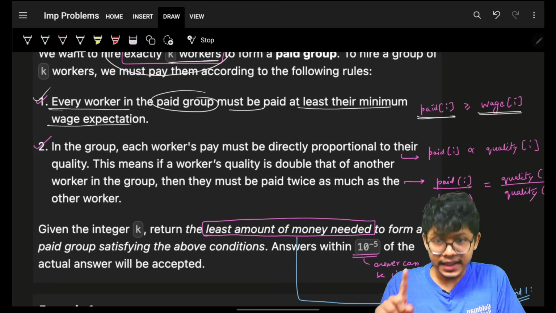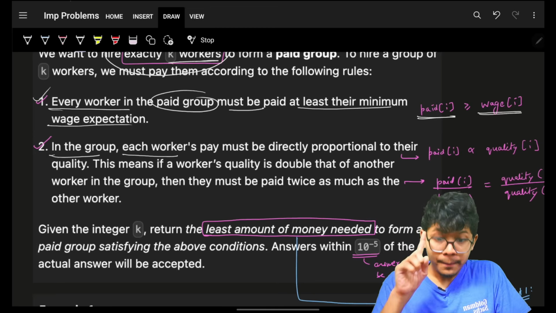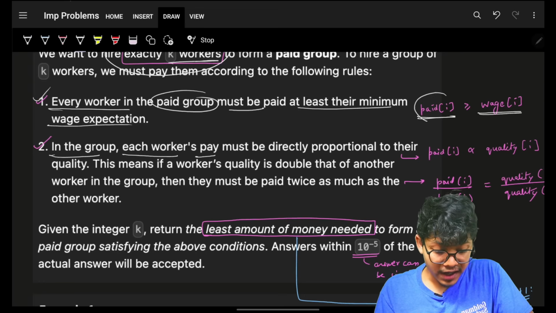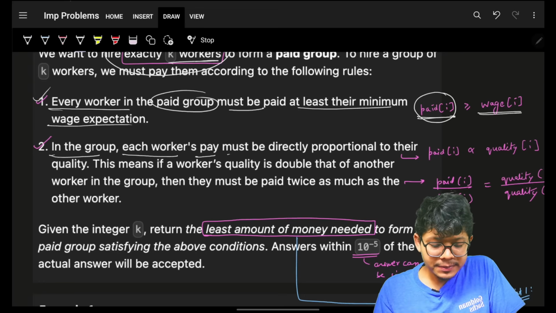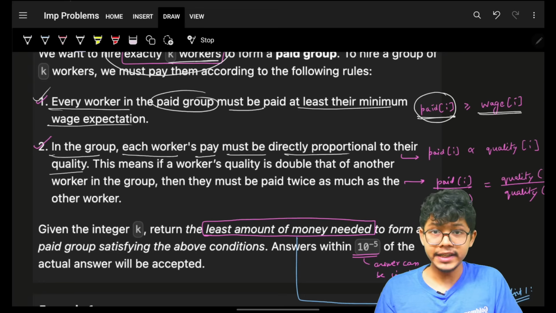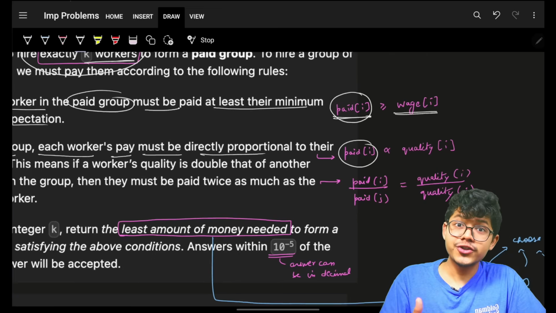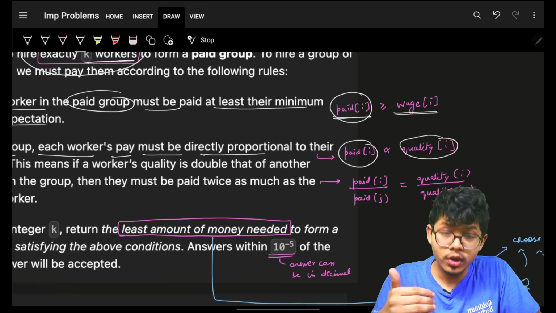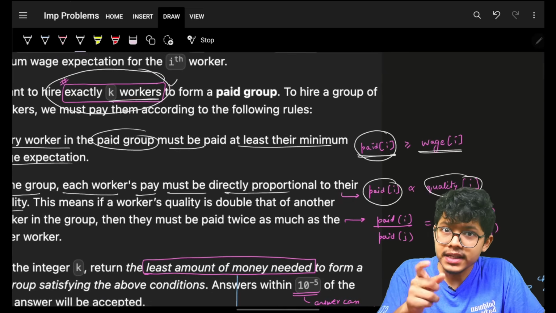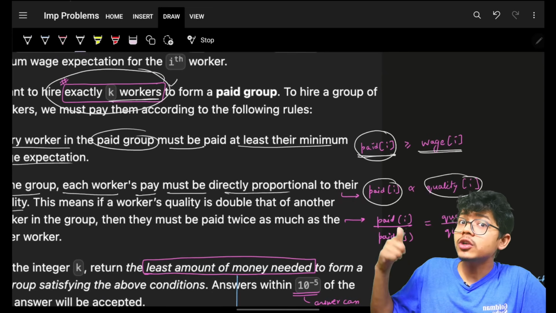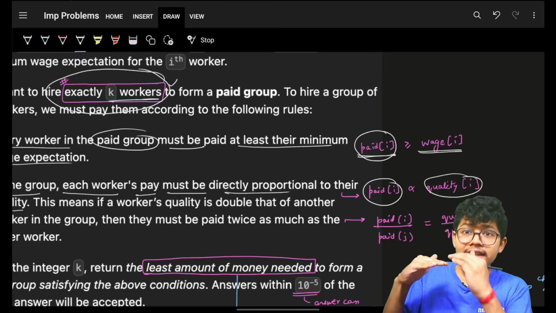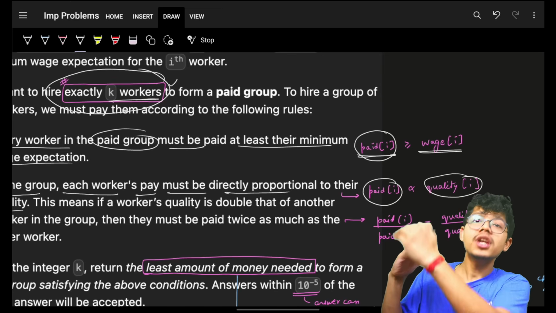Okay, and then the pay which we are giving to each worker in the group must be directly proportional to their quality. What it actually means is that a person having a better quality than you should be getting the exact same proportional amount as you.